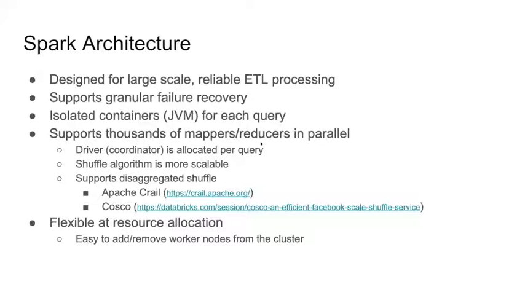It is due to the fact that Spark provisions a separate driver, kind of like the coordinator in Presto, for each query. Also, the shuffle algorithm in Spark is more scalable. And in addition to that, Spark also supports plugging in a disaggregated shuffle service, such as Apache Celeborn, or at Facebook, we have our own shuffle service that is called Cosco.